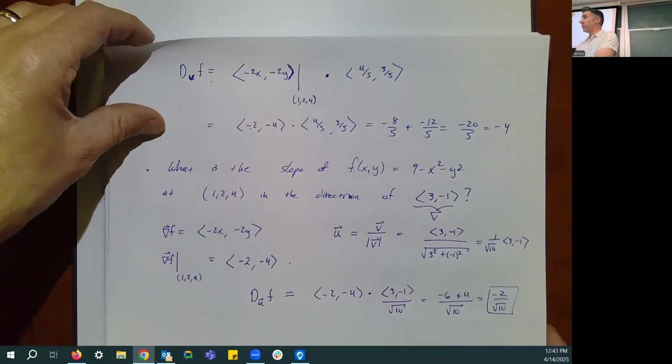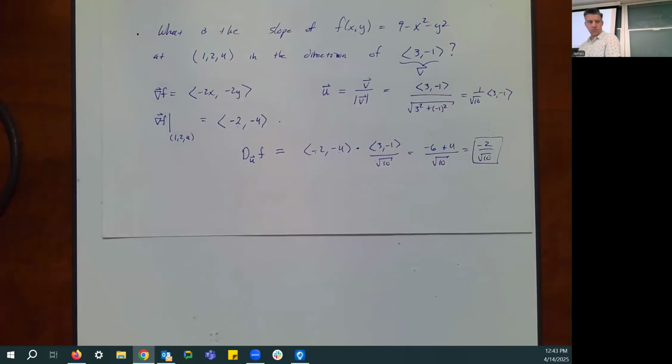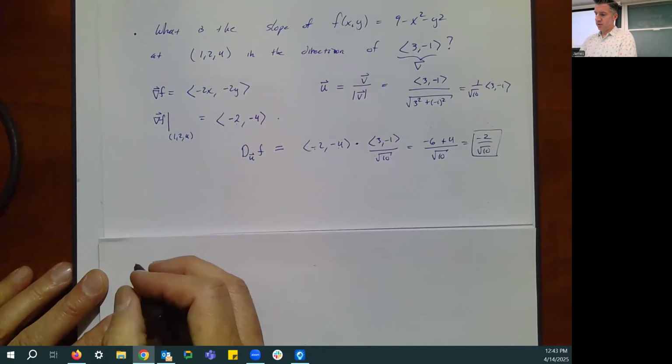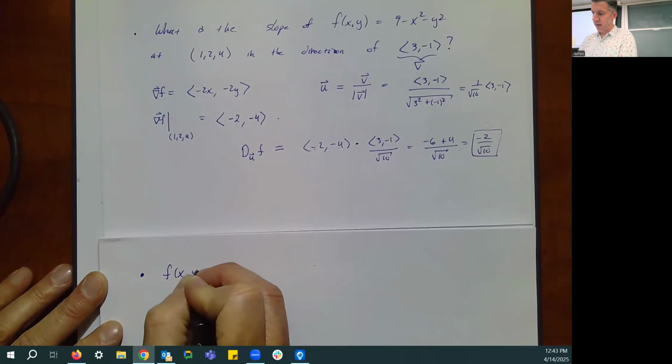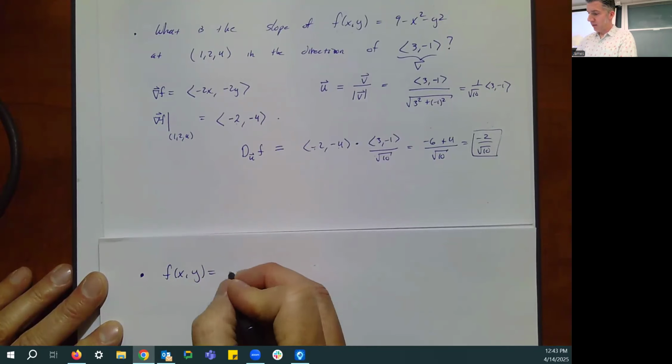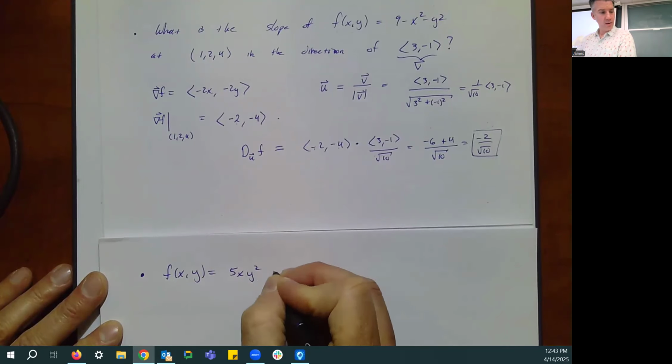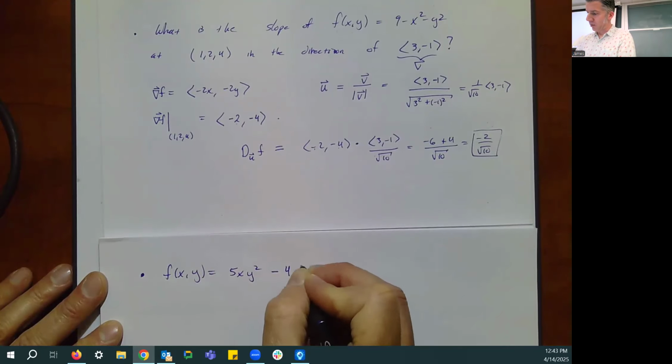Let me give you all one to try on your own. So here's our new function. f of x comma y is equal to 5xy squared minus 4x squared y.